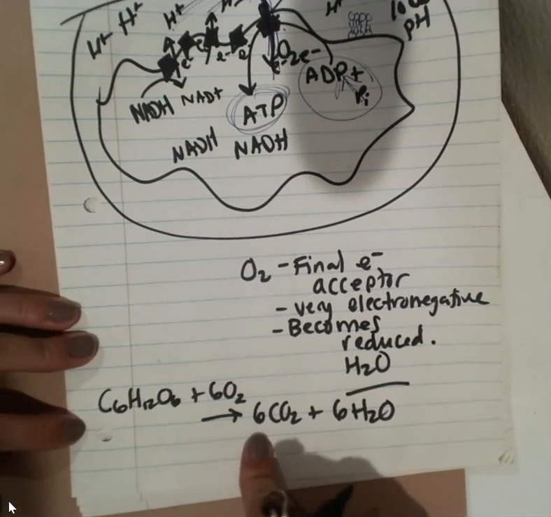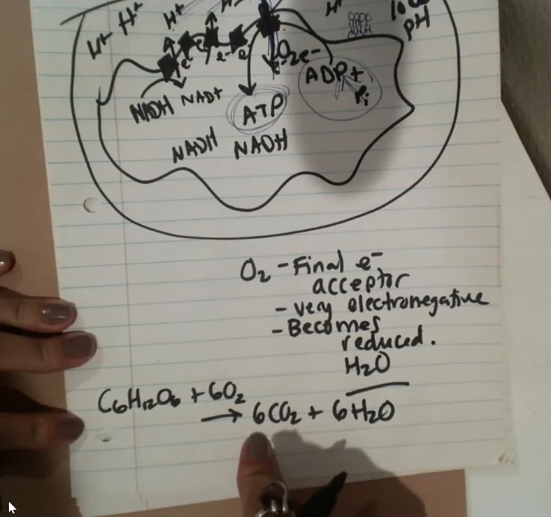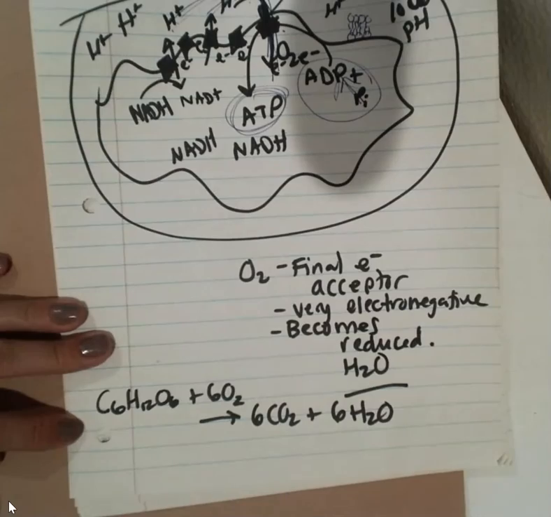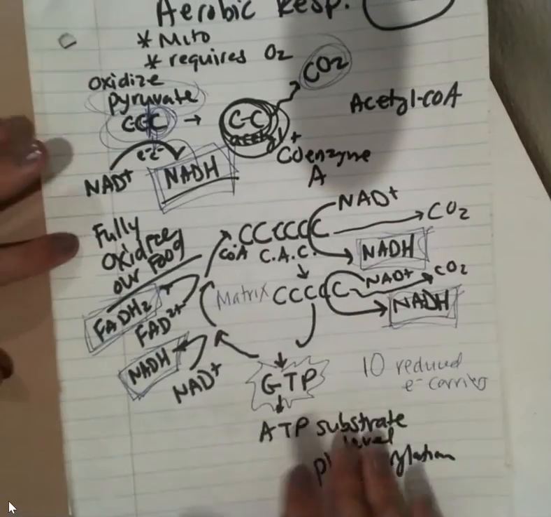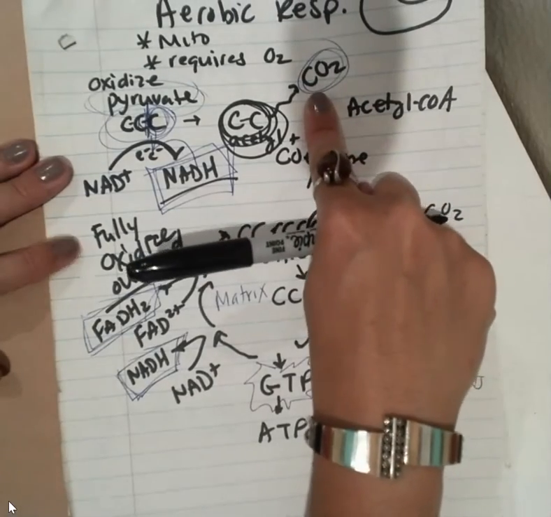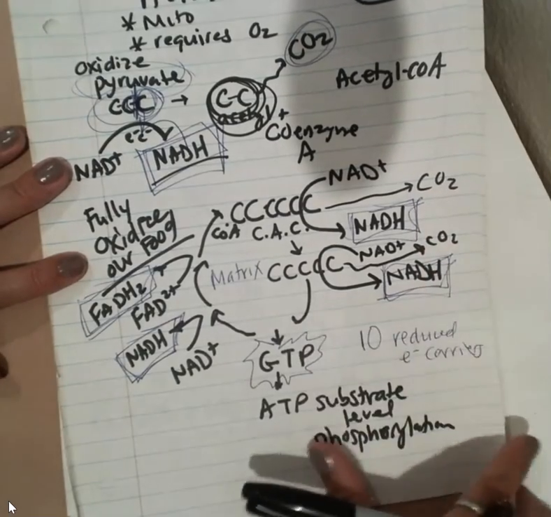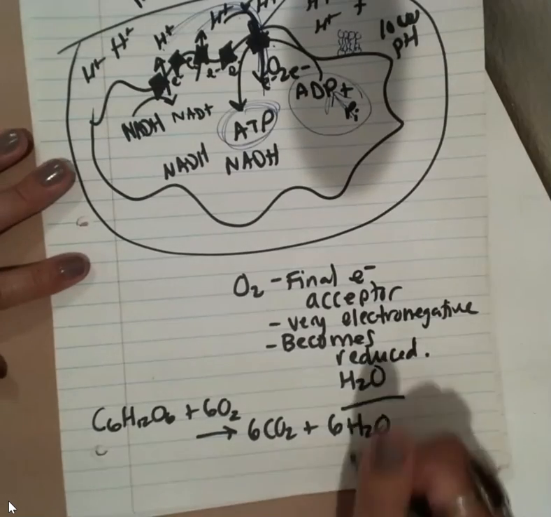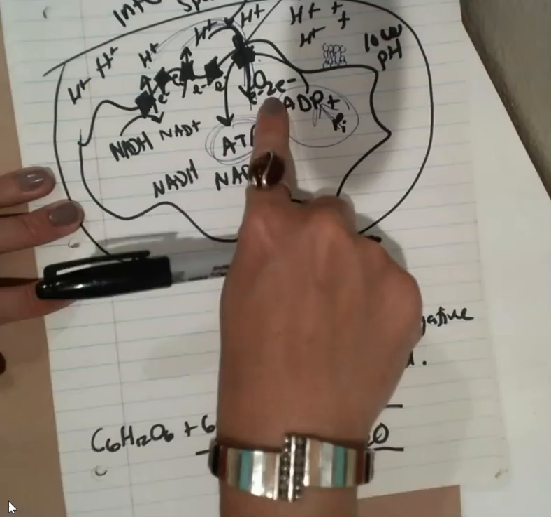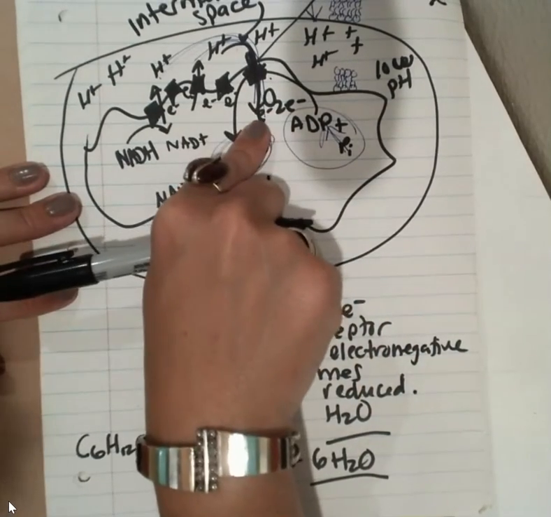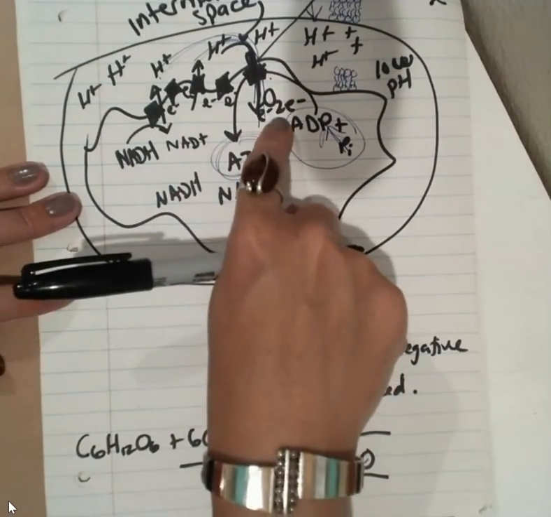So the 6 carbon dioxides we saw being produced in the oxidation of pyruvate, as well as carbon dioxides produced during the citric acid or Krebs cycle. But the water comes from this oxygen gaining the electrons as well as the hydrogens to become reduced.